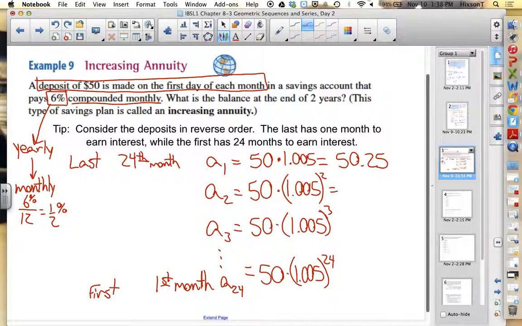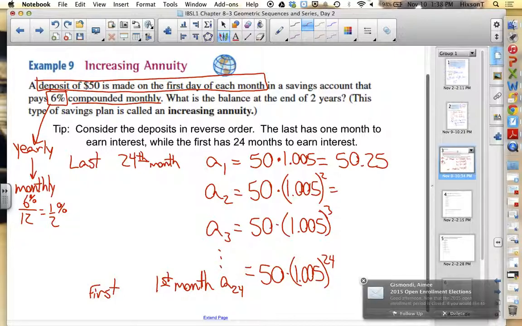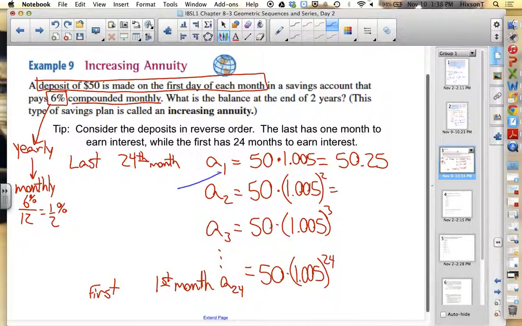I'm really confused why the 24th month is a sub 1 and the first month is a sub 24. Because of how we're defining this number right there. That number is how many months does it earn interest?